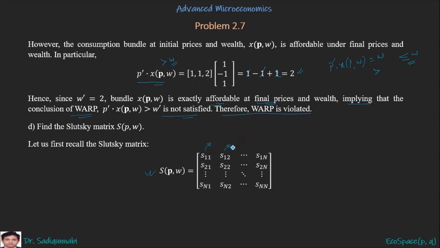And we know that in the Slutsky equation, SE equals TE plus IE. So this SE is S_ij, and it contains the total effect plus the substitution effect, and all the S_ij constitute this matrix.